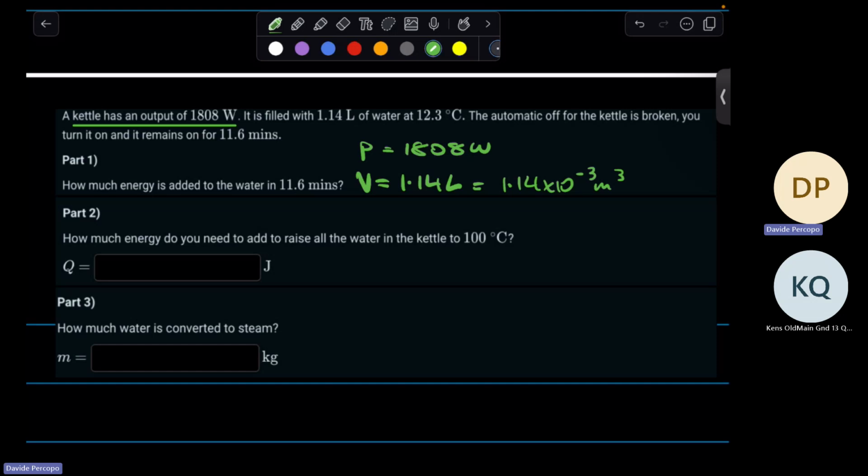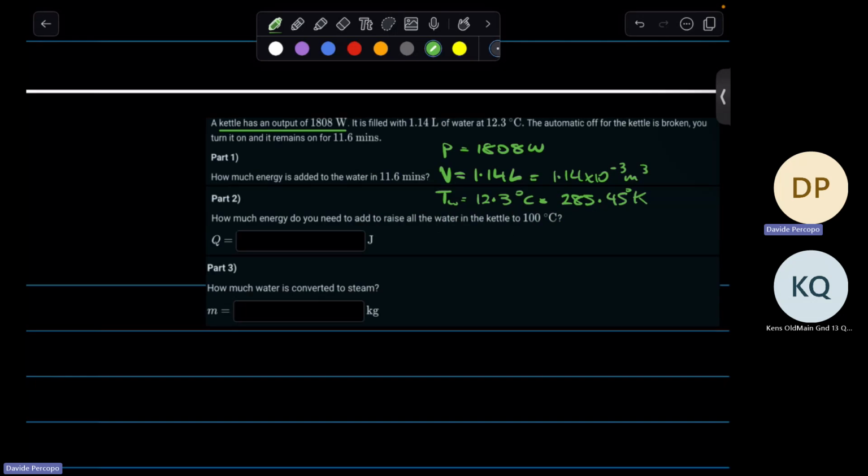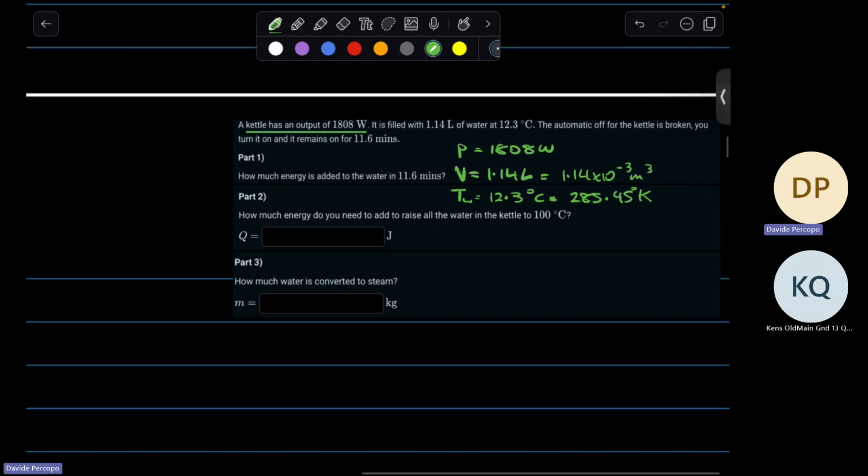Then the temperature of the water is 12.3 degrees Celsius. We actually don't need it for this question, but it's just a habit. I always like to write down Kelvin just in case we need it. So, just for your interest, it is 285.45 Kelvin.